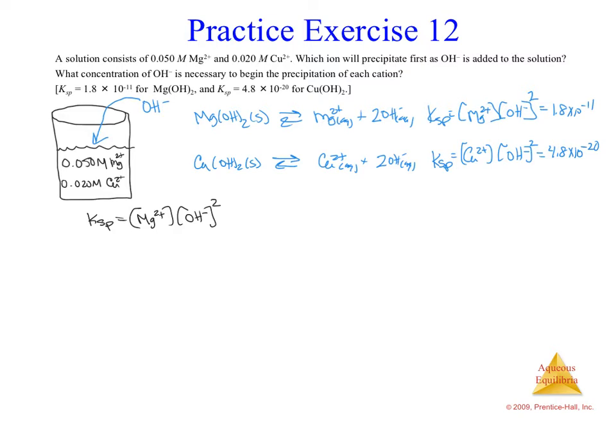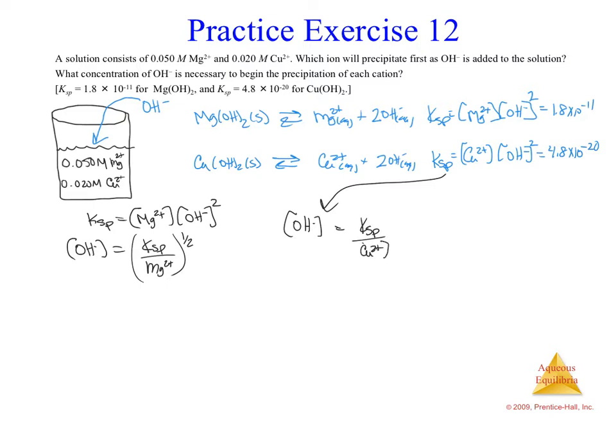I'm going to rearrange to solve for hydroxide, so hydroxide equals KSP over magnesium, and take the 1/2 power, or the square root. Now do the same thing for the copper. I'll just do the algebra here. Hydroxide equals KSP over copper 2+ to the square root, or the 1/2 power.